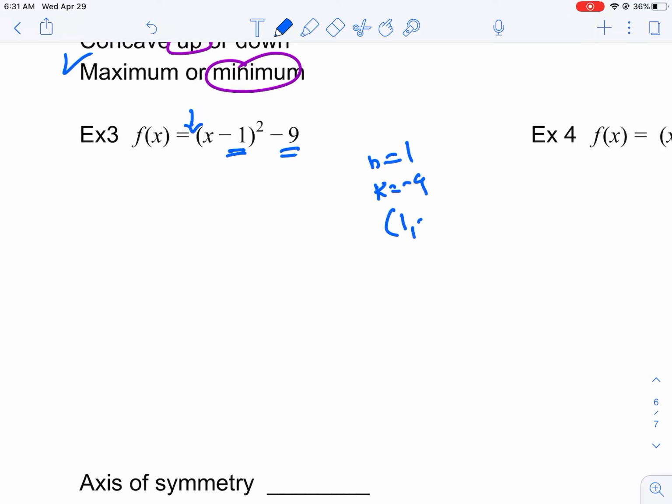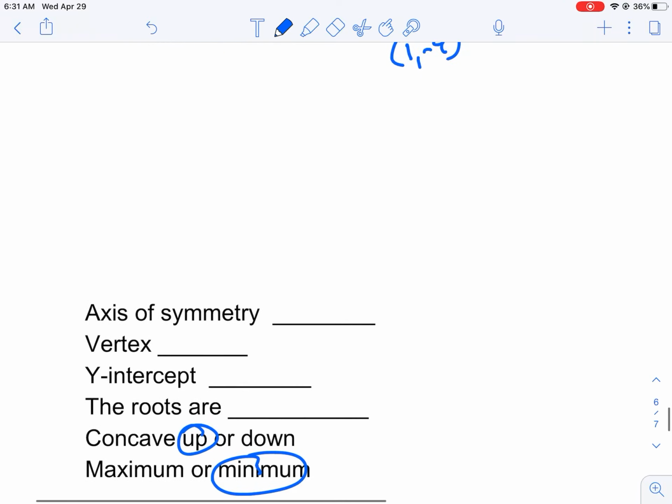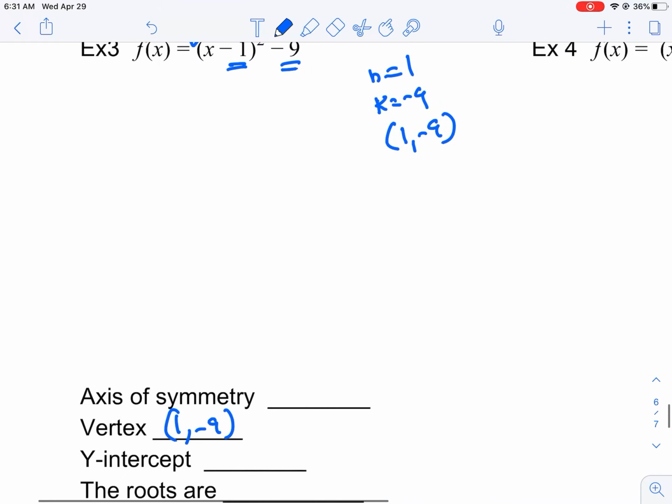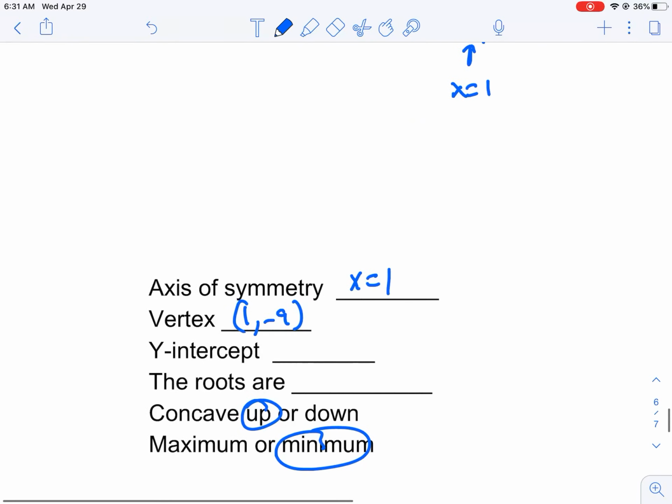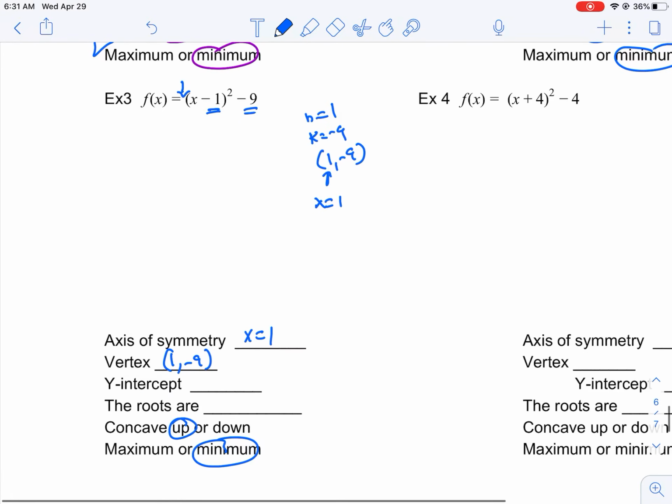So we know that the vertex is (1, -9). If you know the vertex, the x value is the axis of symmetry. Okay? So the 4 things we do real quick: concave up or concave down, max or minimum, vertex, and from the vertex we have the axis of symmetry.